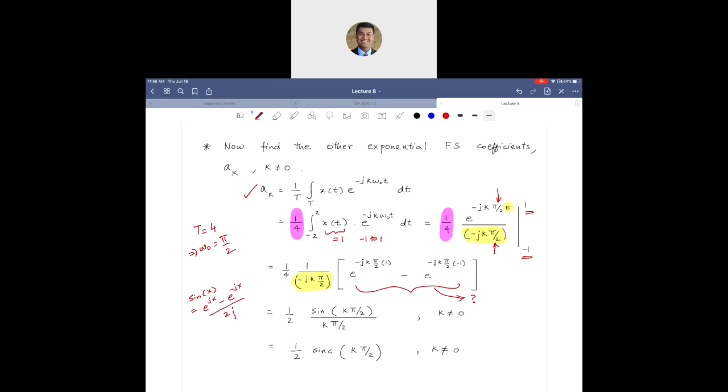So what is that going to equal? There is going to be a minus up front, and there is going to be a 2j multiplying factor, and sine k pi over 2.